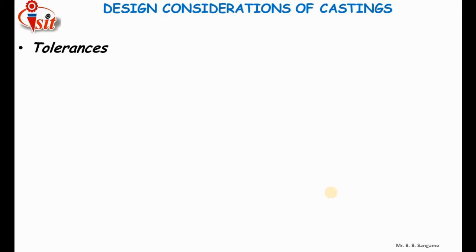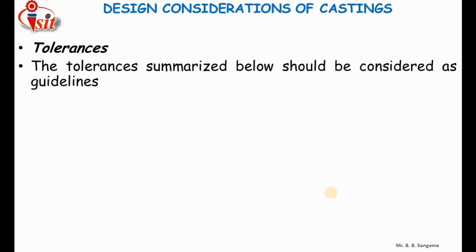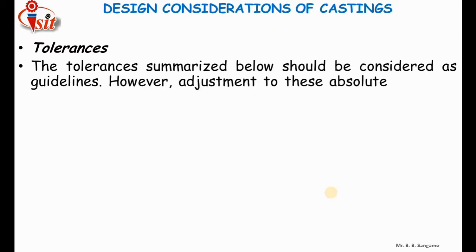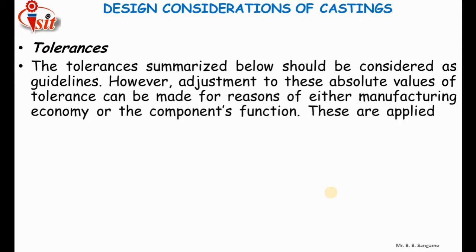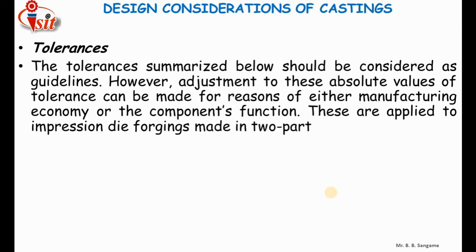Now let us discuss the tolerances. The tolerances summarized below should be considered as guidelines. However, adjustments to these absolute values can be made for reasons of manufacturing economy or the component's function. These are applied to impression die forgings made in two-part die sets.